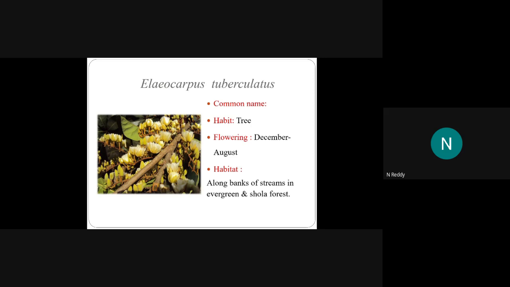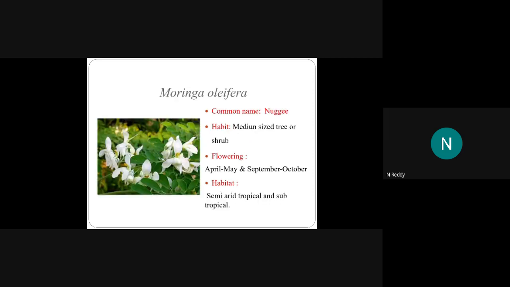Elaeocarpus tuberculatus. And this is drumstick, Moringa oleifera. It can also be cultivated. It's a very good source of nectar as well as pollen. It flowers in different seasons. It's given from April to May, but it depends how we plan its flowering.